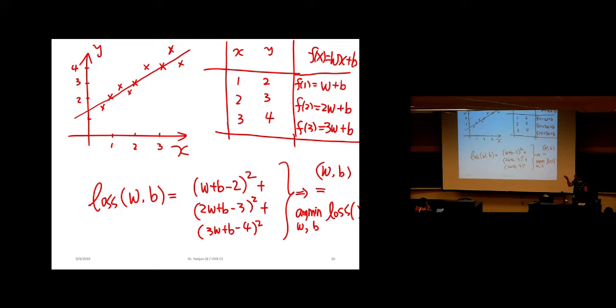But if I'm using this line, what y do I get? It's really the y number at these x positions. It's the gap here, and wx plus b minus y is this distance. How far is my y from the y on the line? And it's accumulated quadratically across all the points.